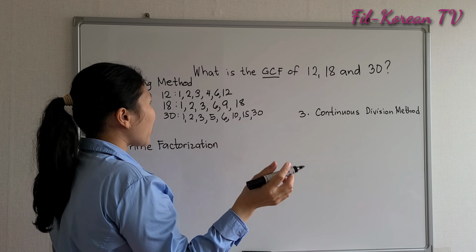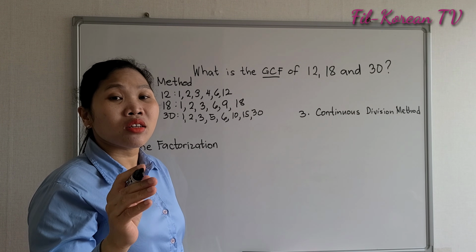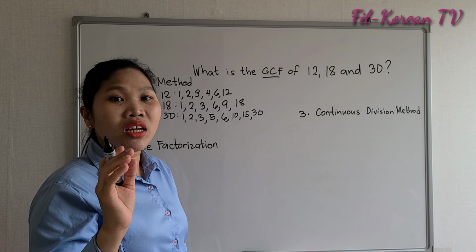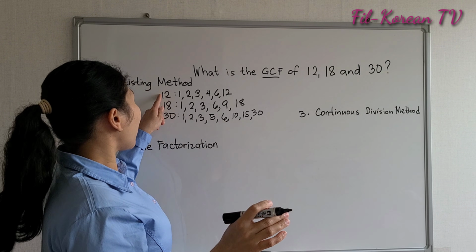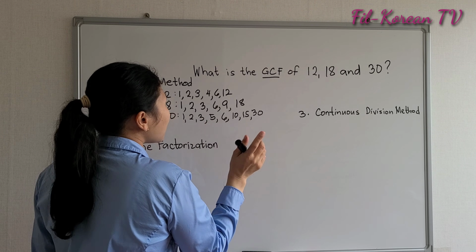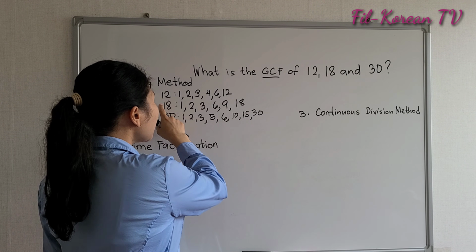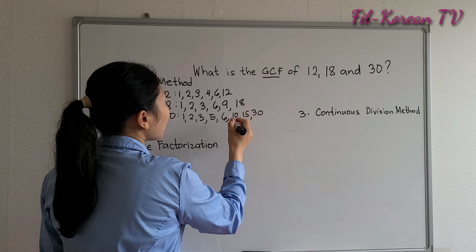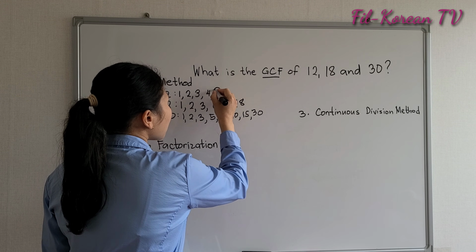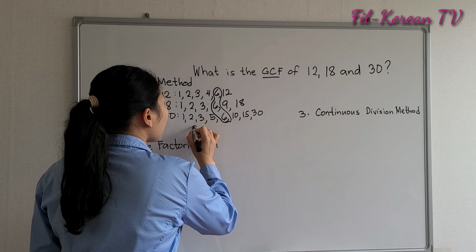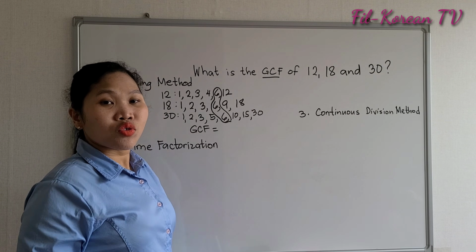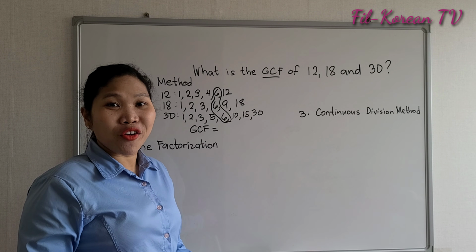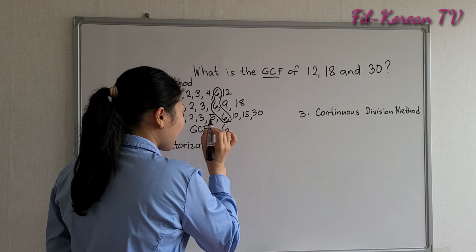So let us find the highest number that is present in all 3 given numbers. The highest number that these 3 numbers have is 6. So the GCF is 6.